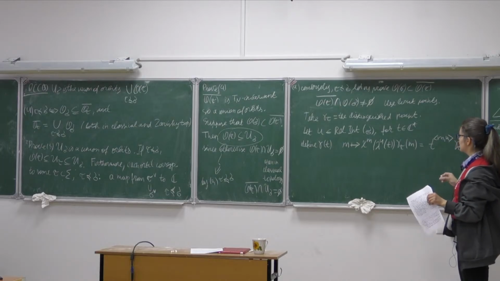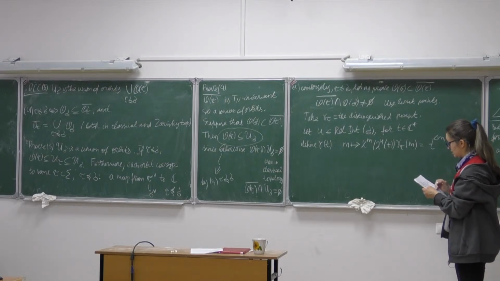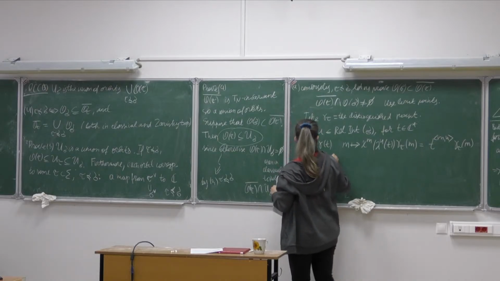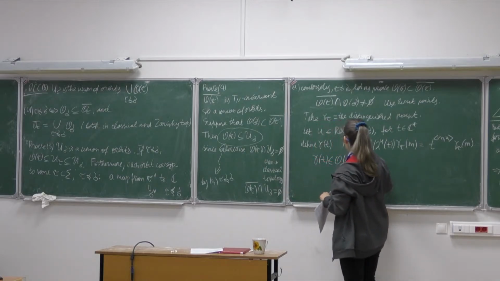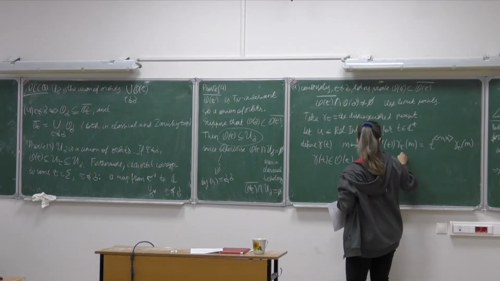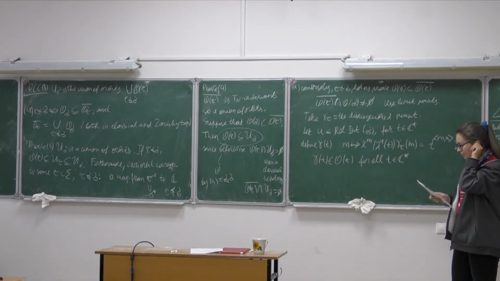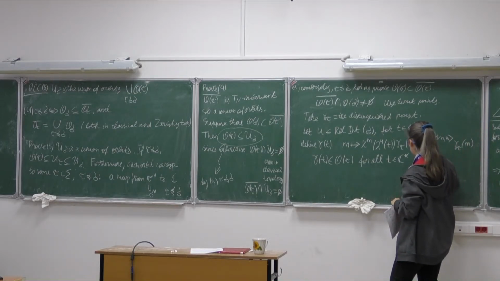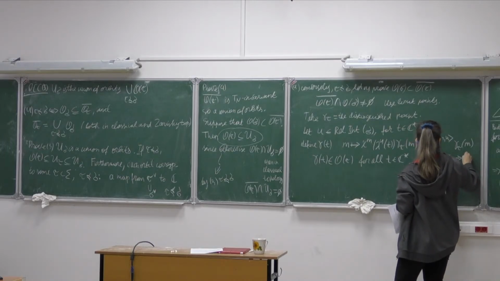So this is a curve which is in O tau for all non-zero t. Okay, and now let t tend to 0.